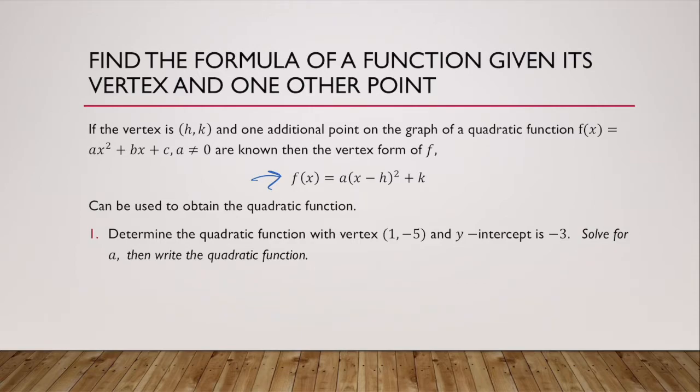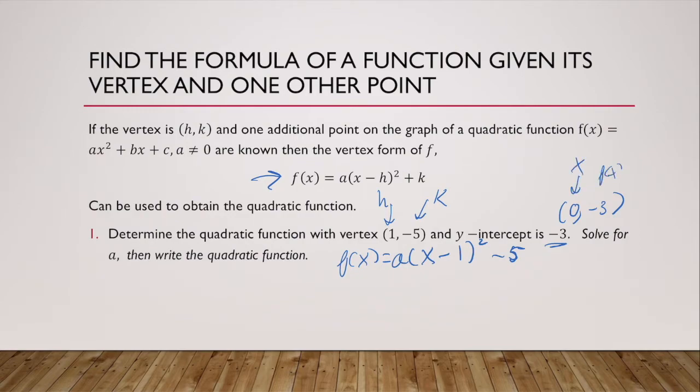So if I have f of x is a, which I don't know, times x minus 1 squared, which is my h, minus 5, which is my k, I just still don't know what a is, but I know my y-intercept is -3. So that means when x is 0, y is -3. So if I plug in 0 for x and -3 for f of x, which is the same as y, I'm able to solve this function.